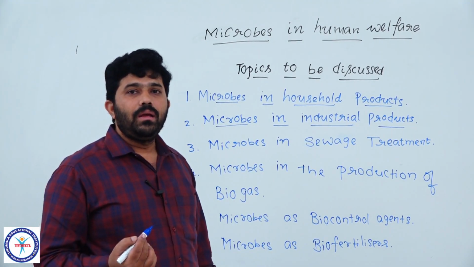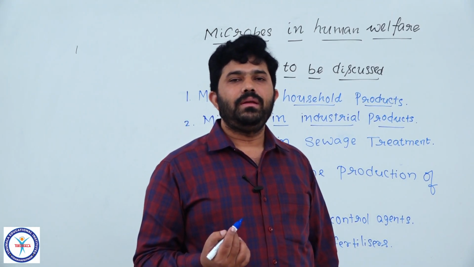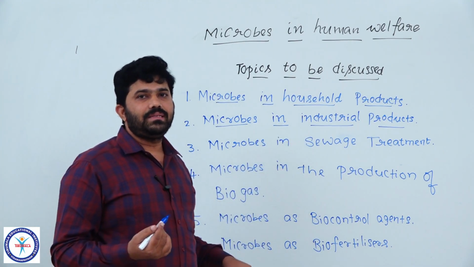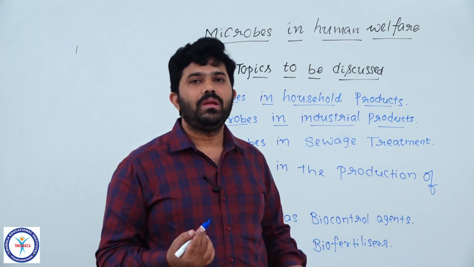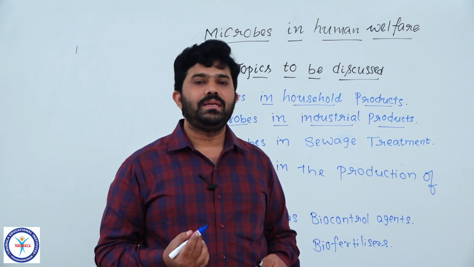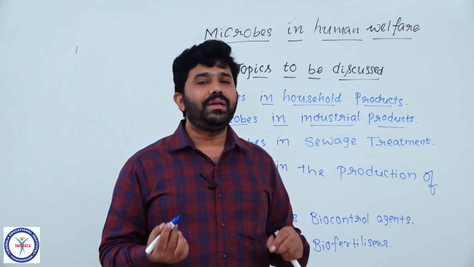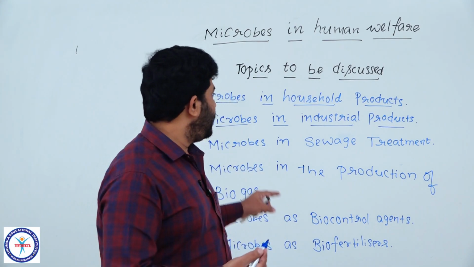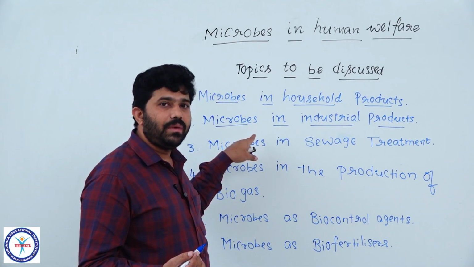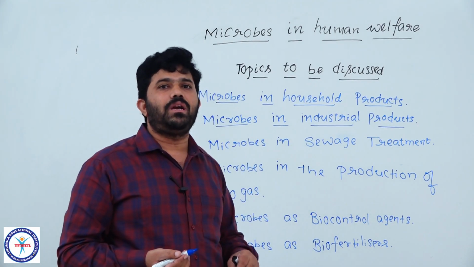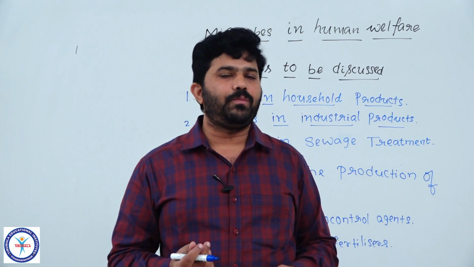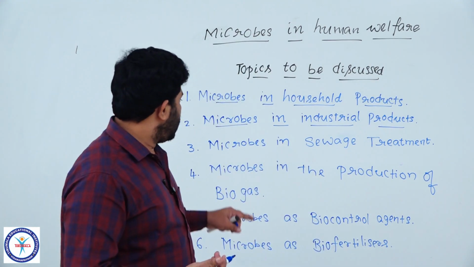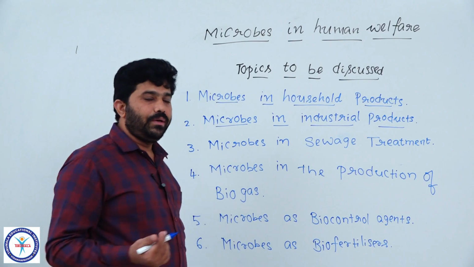The production of alcohol in beverage industries is done by these microorganisms, which play a pivotal role. We also obtain many chemicals, enzymes, bioactive molecules, and medicinal substances like antibiotics on an industrial scale by using microorganisms. Without microorganisms it is not possible to get all the different types of products that we are obtaining now. Okay students, next one is microbes in sewage treatment.